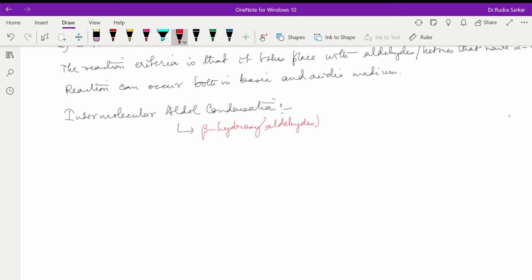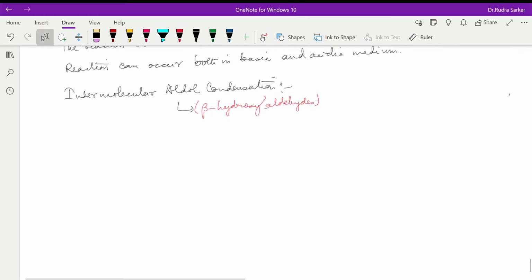Okay, so when aldehydes condense and form aldols, these aldols are known as beta hydroxy aldehydes. Now, the reaction mechanism can be divided into four steps.